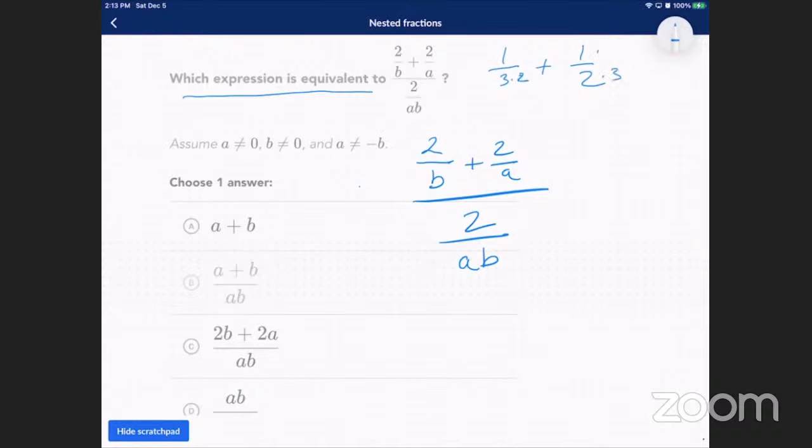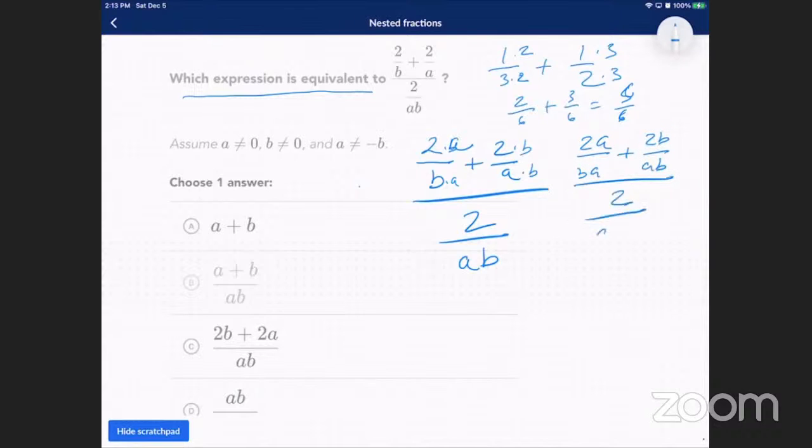So we would do something like this, a times b, b times b, times a. And then we would give 2a over ba plus 2b. And then you have here 2 over ab.